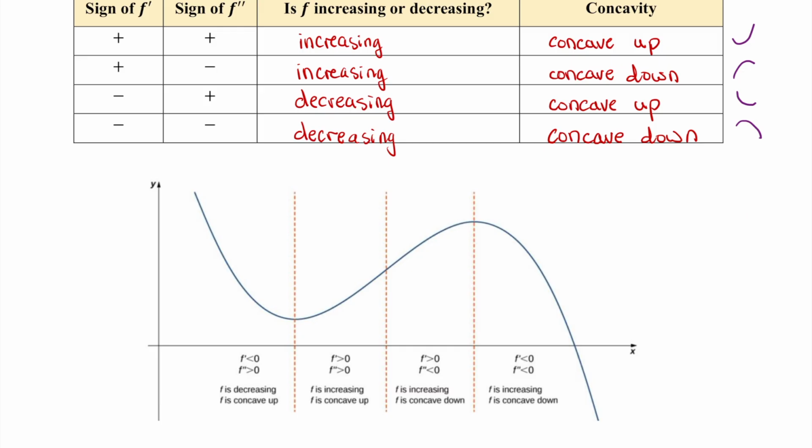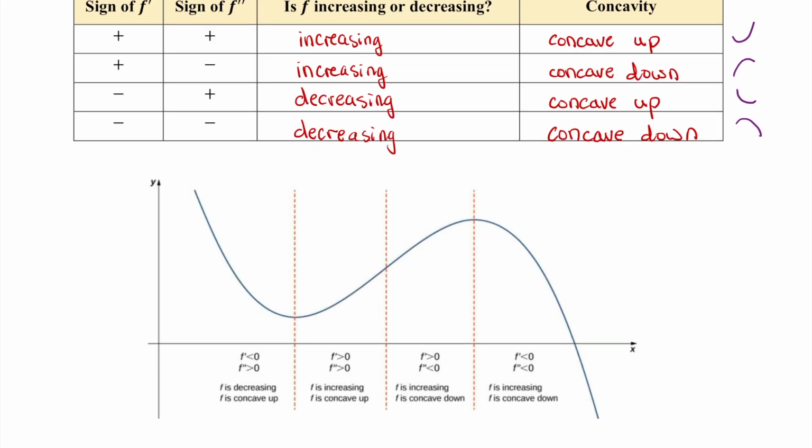Second region, the function still opens upward and is increasing. So f prime is positive and f double prime is also positive. Third region, the function is increasing and opens downward. So f prime is positive and f double prime is negative.